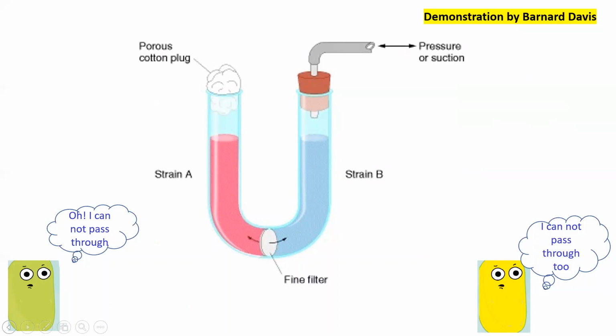Through the filter, media could pass, but bacterial cells could not. After mixing the culture media through pressure or suction, they did not get any new strain of E. coli. From this he concluded that physical contact is necessary for conjugation and gene transfer through conjugation.